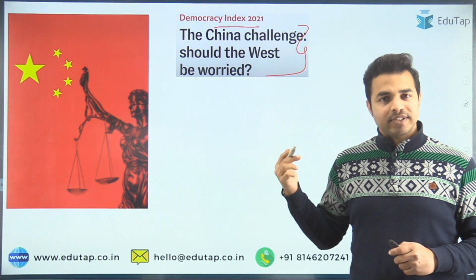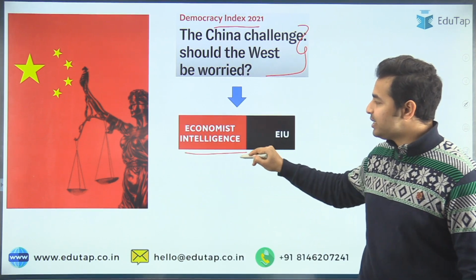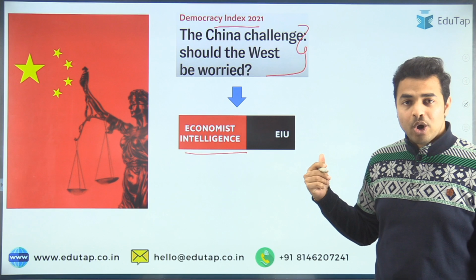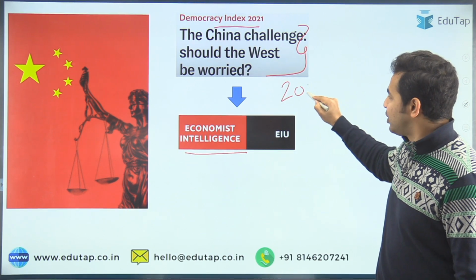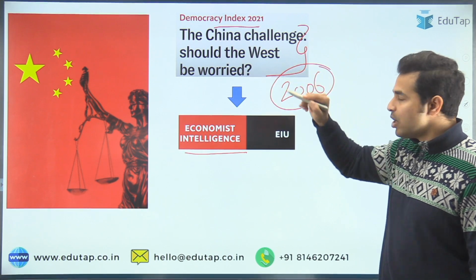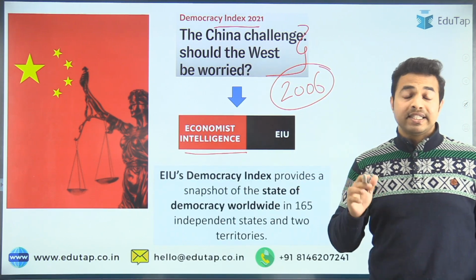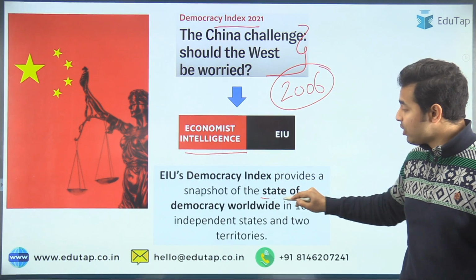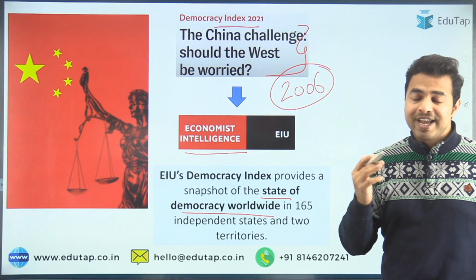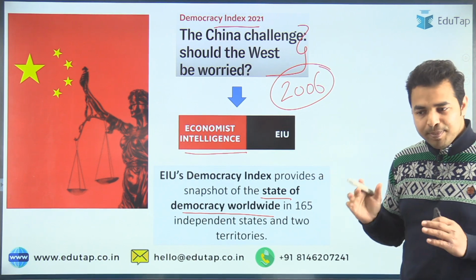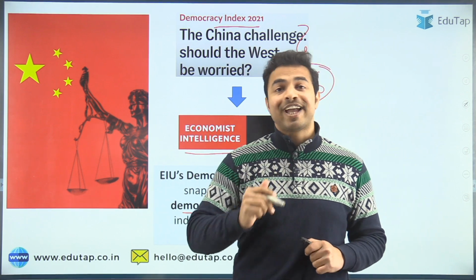This index is released every year by the Economist Intelligence Unit, which has been releasing it since 2006. The index provides a snapshot of the state of democracy worldwide in 165 independent states and 2 territories. This report states that democracy is in deep trouble across the world.